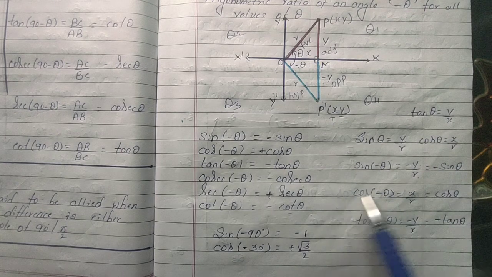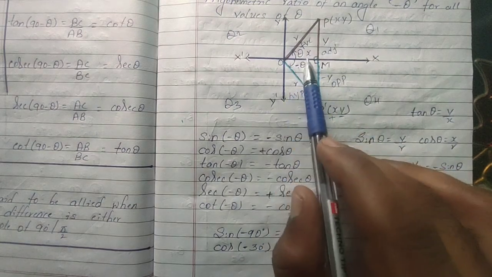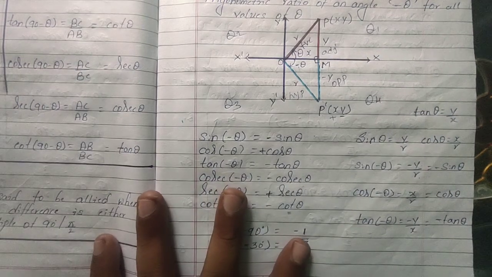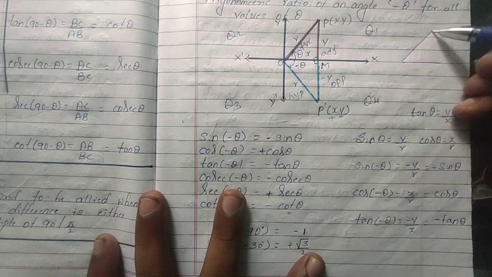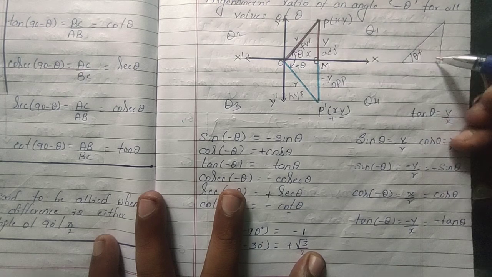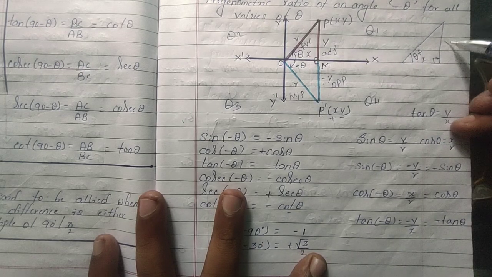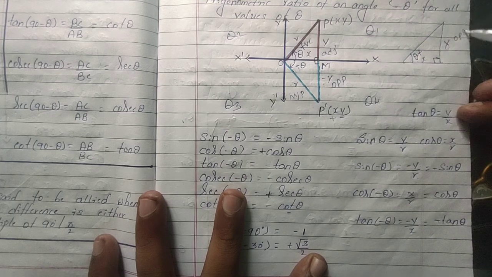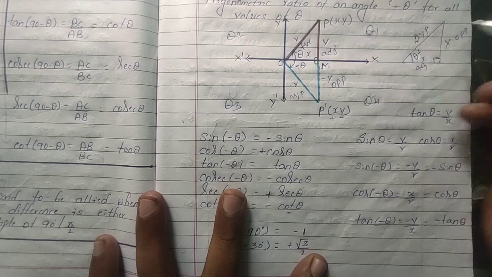Similarly, what is cos theta on the positive side? Let me draw and show you, you may be getting confused. See, this is the positive direction, theta is positive, this is 90 degrees. This is adjacent, this is opposite, this is hypotenuse, this is r.